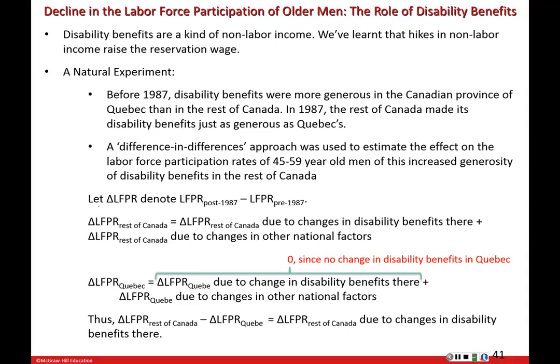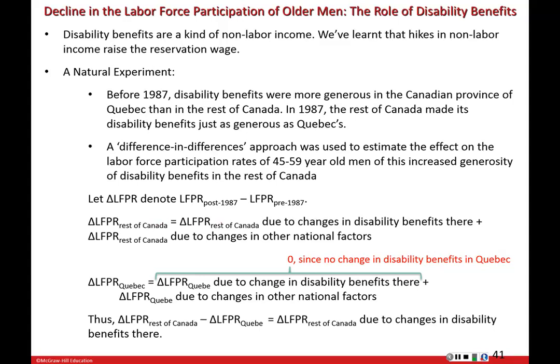It says here, let delta, Greek letter delta, delta LFPR, labor force participation rate, denote the change in the labor force participation rate from pre to post 87. So that's what delta LFPR is. So what's the delta LFPR for the rest of Canada? It can be broken up into two parts.